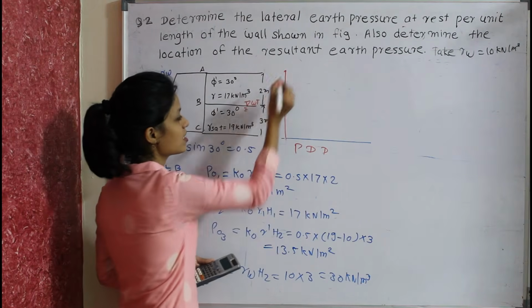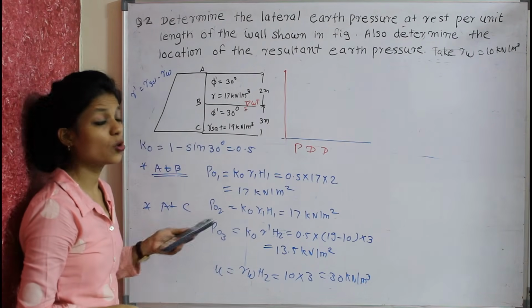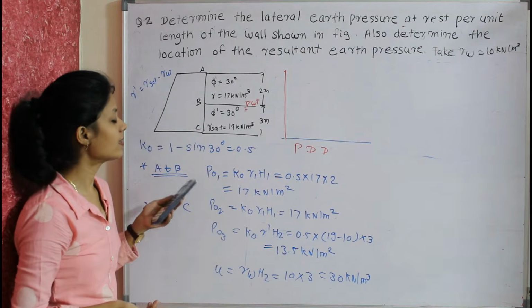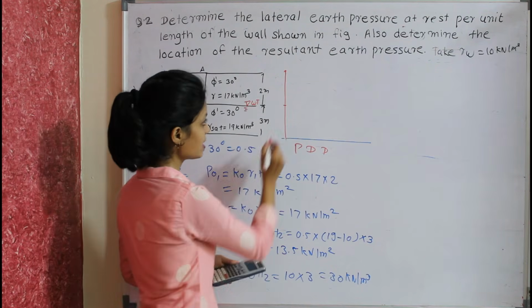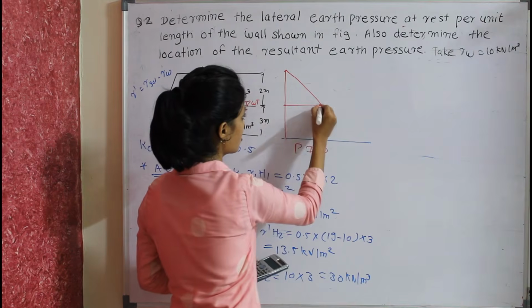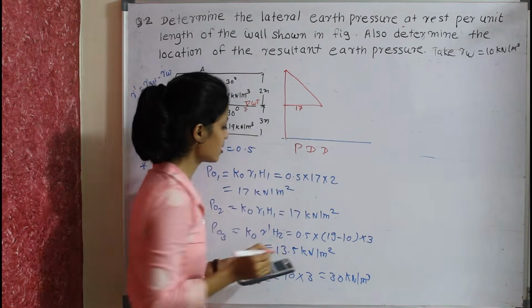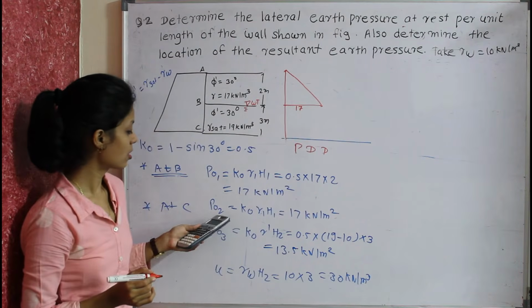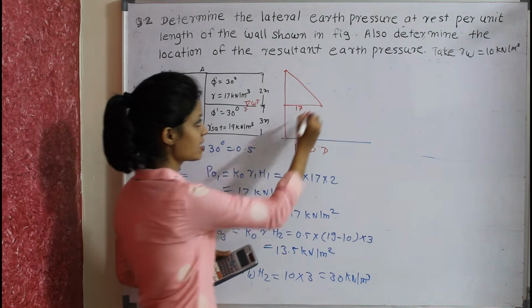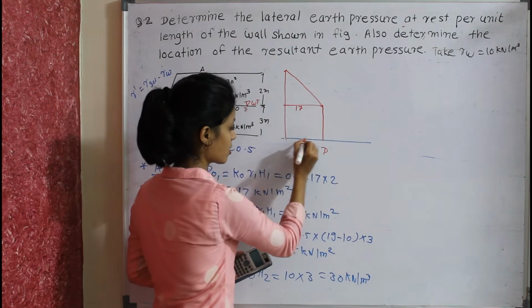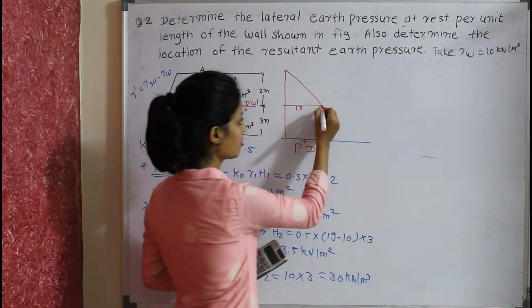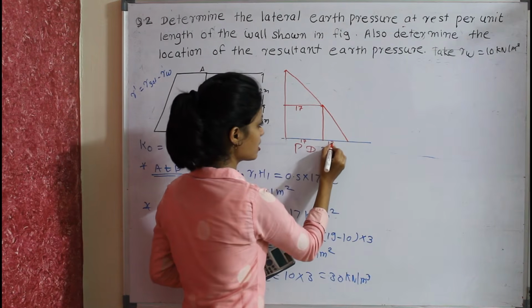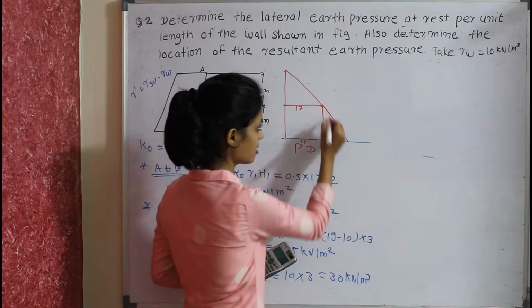At A it is 0 because it is cohesionless soil, and at B it is 17 kilonewton per meter square. At C, first 17, the same. Next 13.5, and next 30.